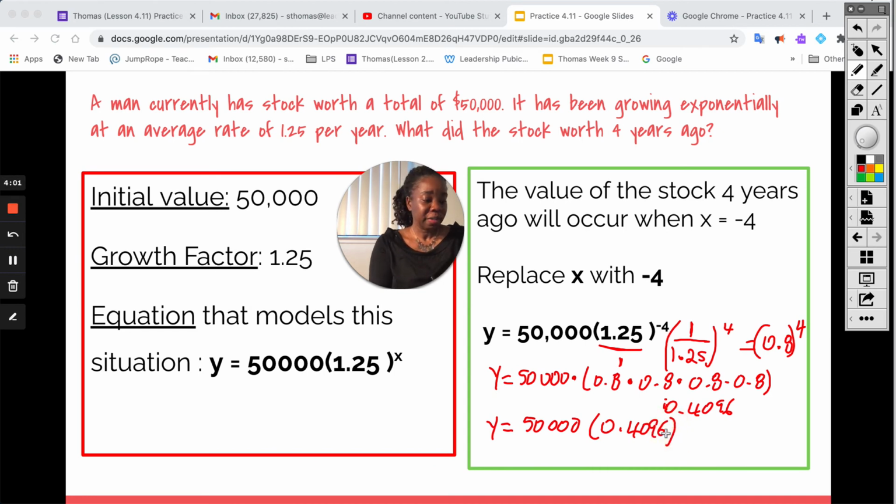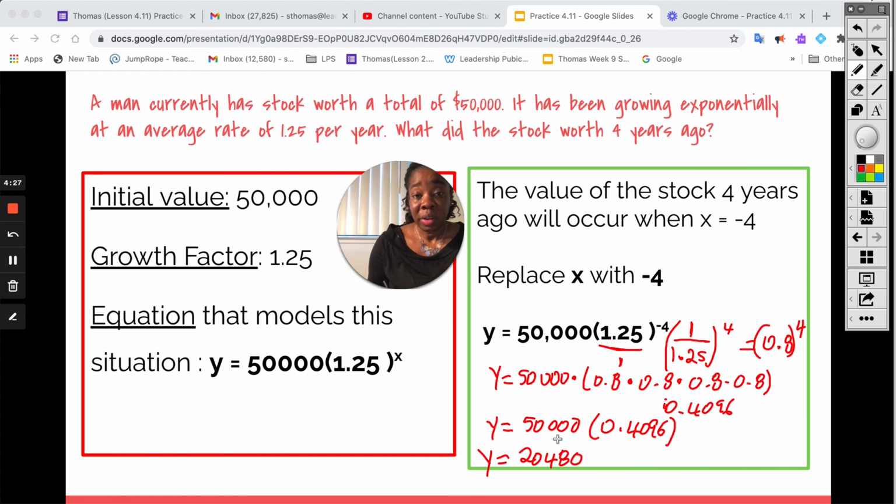And when you simplify that, 50,000 times 0.4096 is going to give you 20,480. So your y in this case is equal to 20,480.